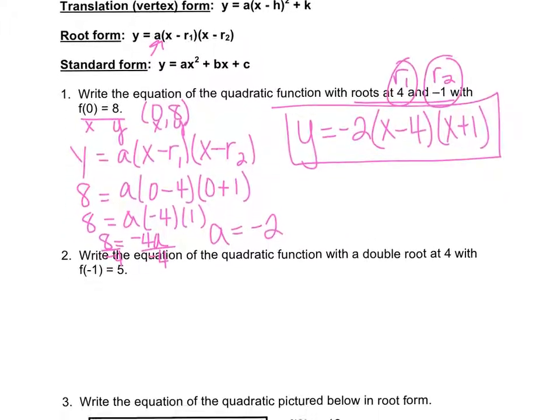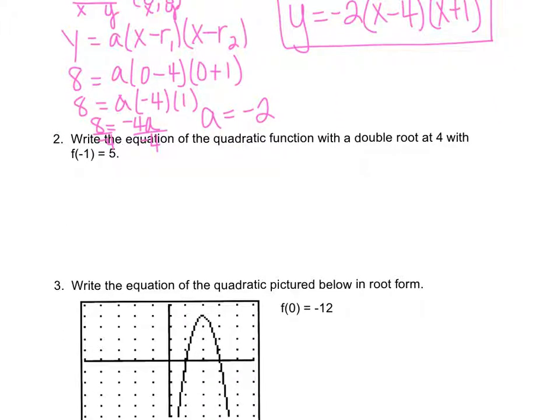All right, let's look at number 2. So it says write the equation of the quadratic function with a double root at 4, which means R1 and R2 will equal 4. And then we're given a point, f of -1 equals 5, which means the point would be (-1, 5). So since we're given roots again, we're going to plug into root form.